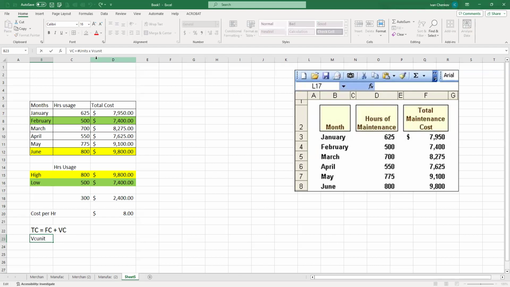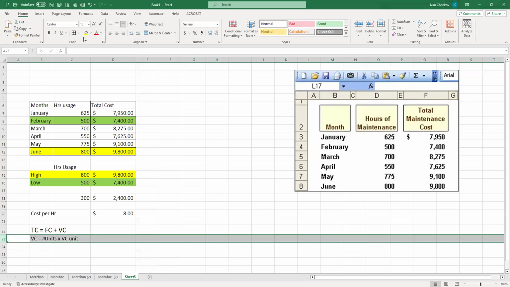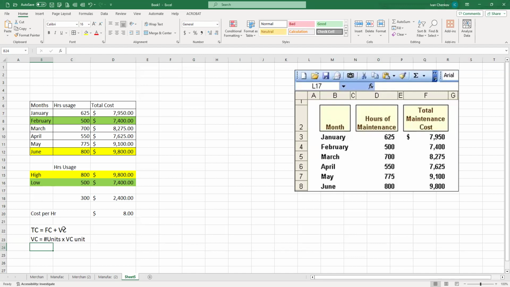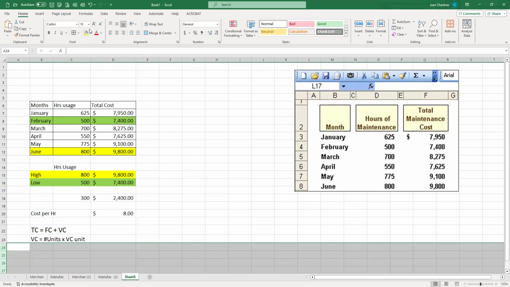So once we get that variable cost per unit, now we can apply it to this formula, right? So let's open the formula. Let's go one more step, and let's express this variable cost in the top formula. And what are we going to get? Let me make it bigger here so you can see it easily.